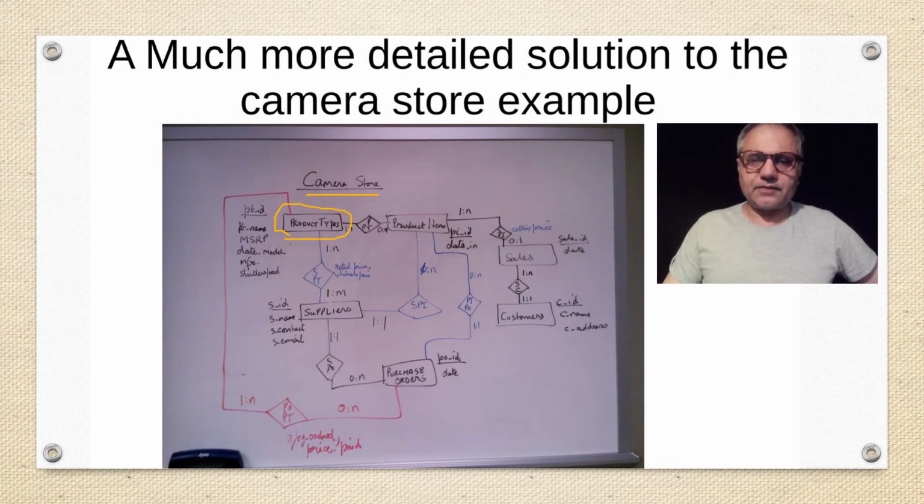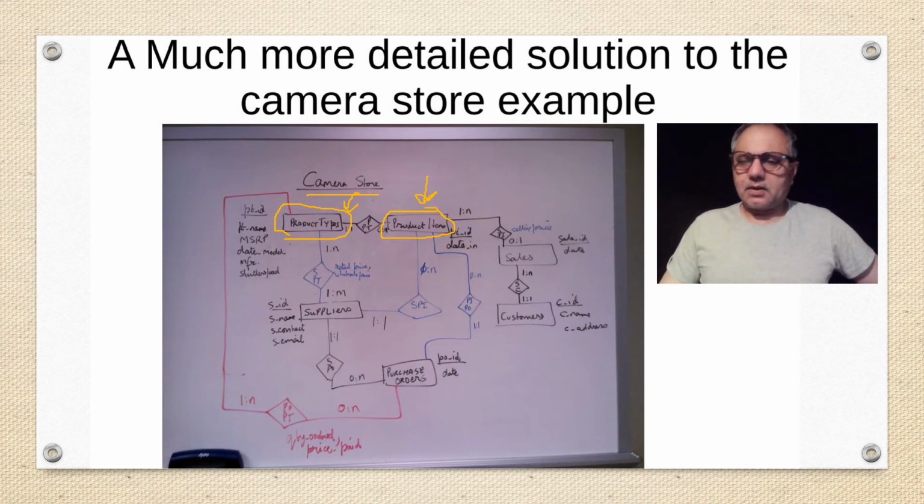So these would all be different models of cameras. And then there's the concept of product items, which is again instances of the product types. So if the store has 100 Canon 5Ds, then there's going to be 100 entries in this box. And if they have 20 Canon 1Ds, there's going to be 20 entries in this box. So you can see that this box contains the physical inventory. And this box contains what you would call the product catalog.